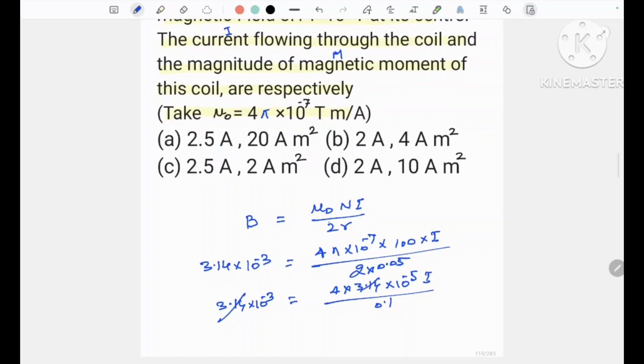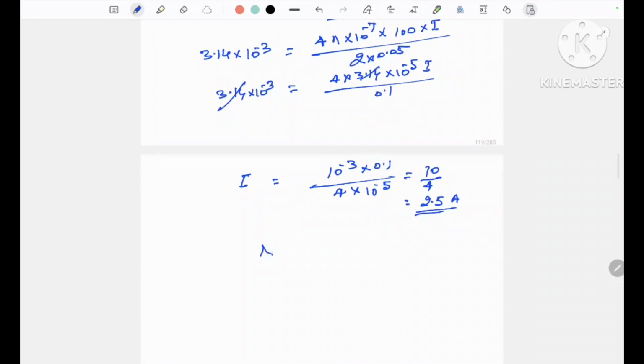Magnetic moment of this coil M होता है N I A. A is cross sectional area, इसको स्मॉल a से डिनोट करें.